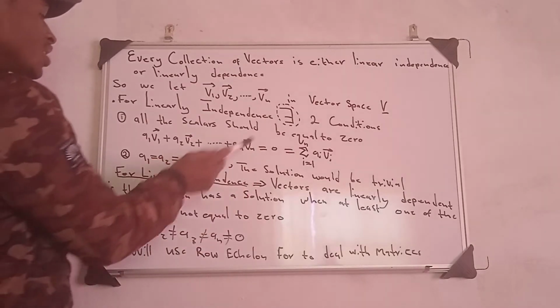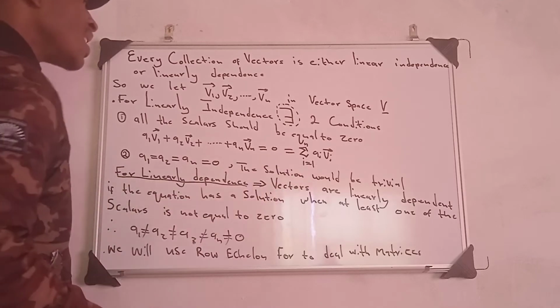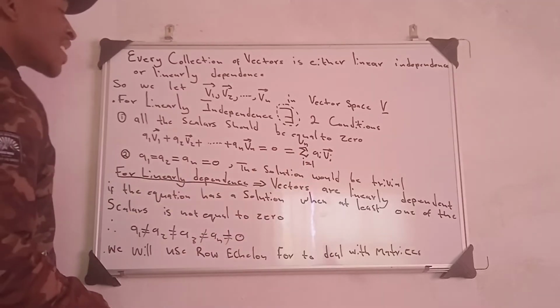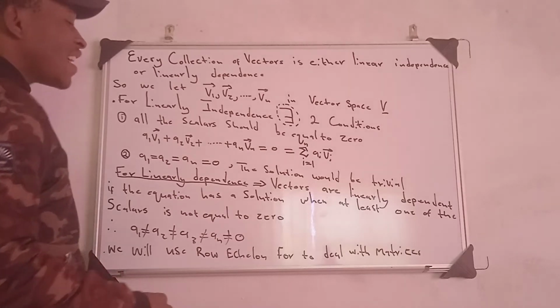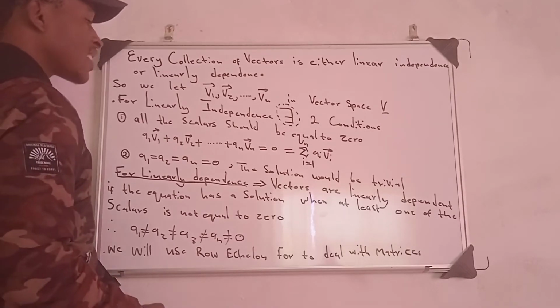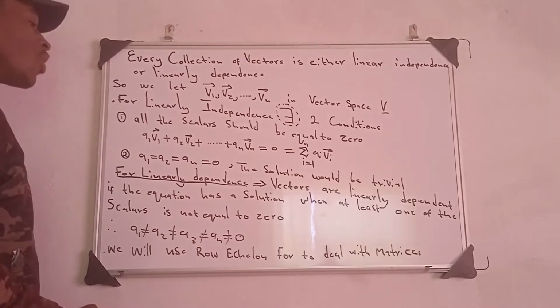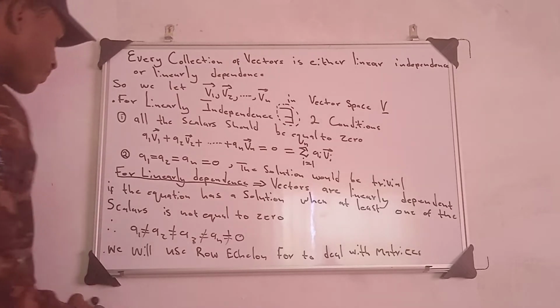You can write it this way, or use sigma notation: the summation of the product of a scalar ai and a vector vi from i equals 1 all the way to n.